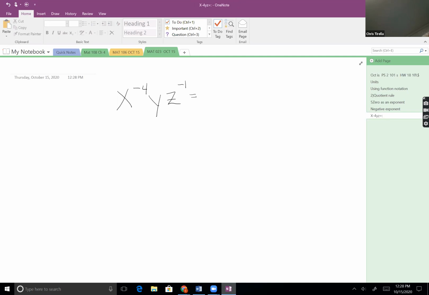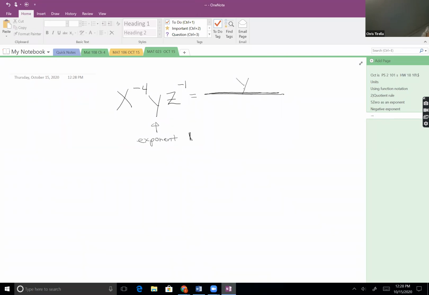Other than writing them next to each other, I cannot multiply them because the bases are different. Because I want to express it with only positive exponents, let's first look and see what has a positive exponent. Does everybody see y has an exponent of positive 1?